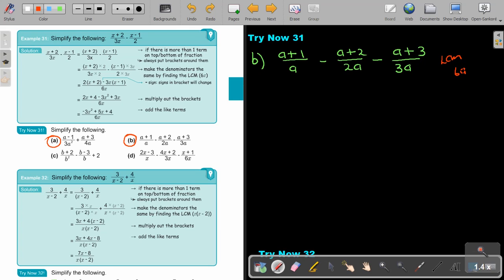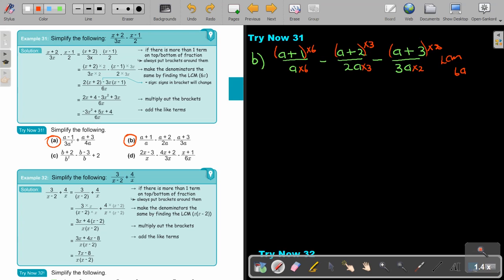So in this case, I put brackets. Then I take this and I times 6. And I times 6. I take this, divide, and I times 3. And I times 3. And I take this and I times 2.